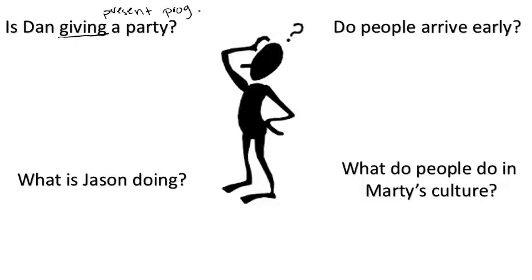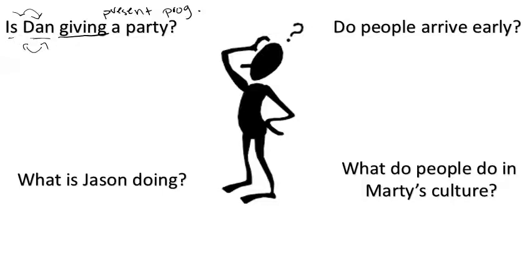So now the only thing that changes in a question form is that I put the verb to be first as opposed to the subject. Okay, and then I put the action verb, the ing form of the verb after. So we just kind of switched it up, and that is how you get a question form.